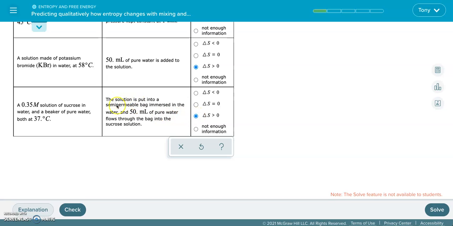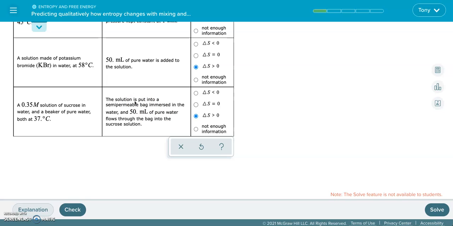So what's going on in the semi-permeable bag, I wish I could draw this out. Apologize for that. Maybe I'll consider that for future videos. But essentially the solution inside of the bag is going to get diluted. It's going to get mixed with the pure water that's flowing into it. And this is also an interesting thing to think about in terms of why the water would be flowing into the bag, which is actually exactly what happened.